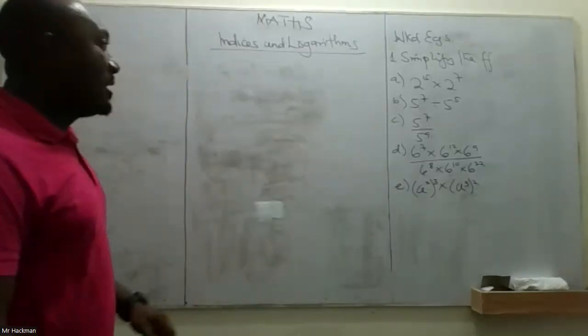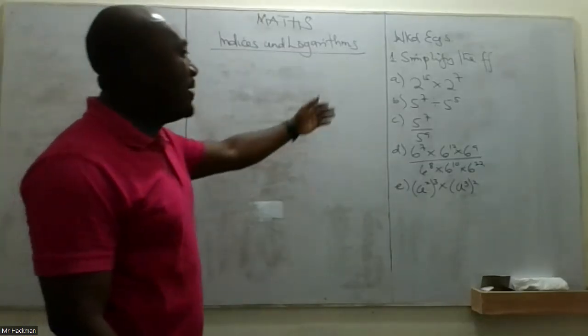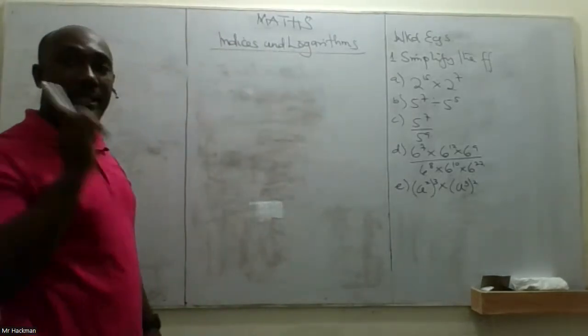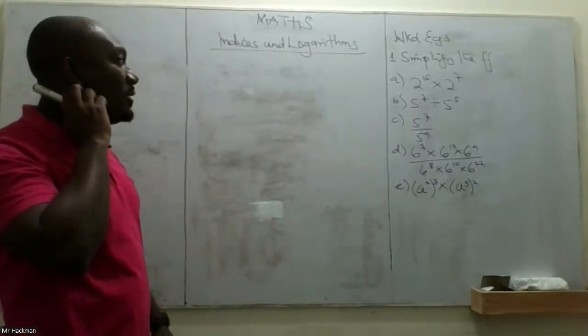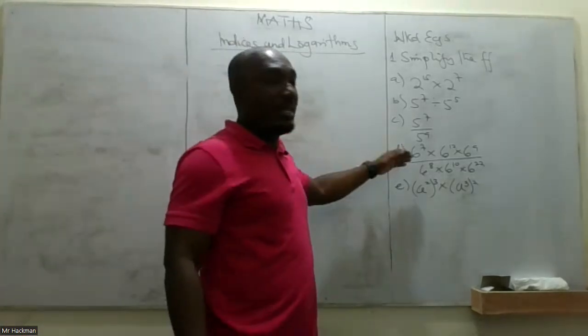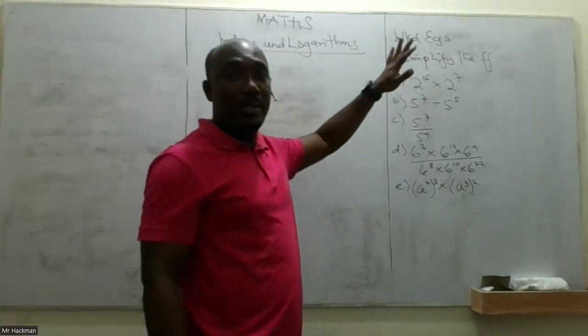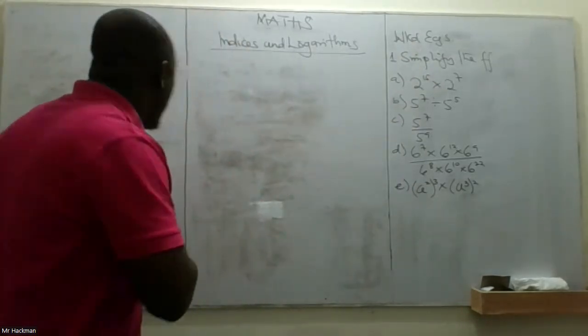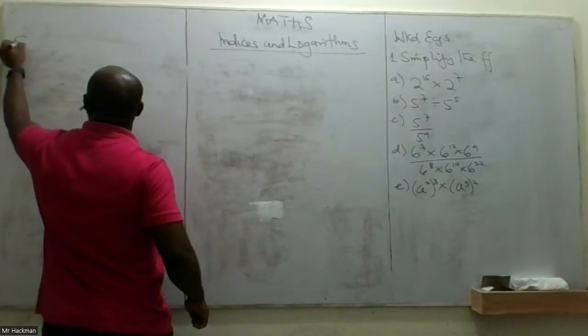Okay, so as you can see on the board, we have our first set of questions on the indices, and we are asked to simplify the following. So you can see numbers to certain powers. So obviously, you should know that we are dealing with what? Indices. Okay, so solution.